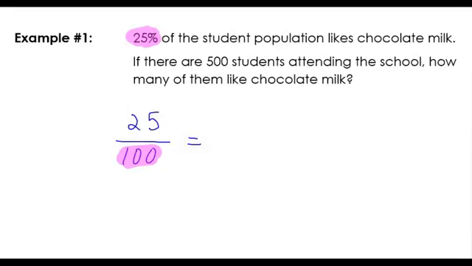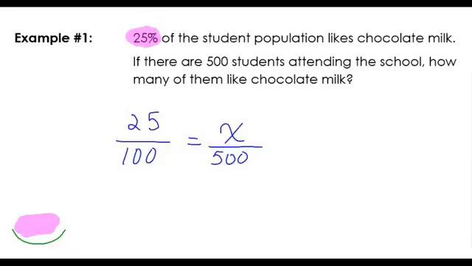But in this case, there aren't 100. There are 500 students. So notice that I've put the corresponding pieces of information on the same side of that proportion, on the same side of the fraction. What am I trying to find out here? Well, I'm trying to find out how many students out of the 500 will actually like chocolate milk.